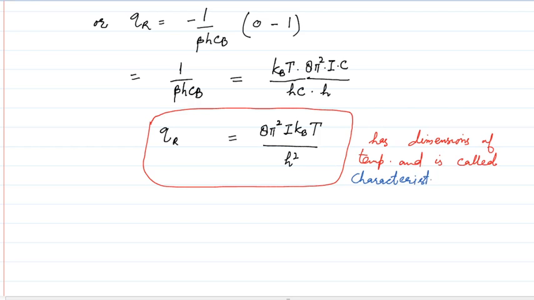Characteristic rotational temperature. And it is also given by this expression. The rotational partition function is simply equal to T upon this characteristic rotational temperature.